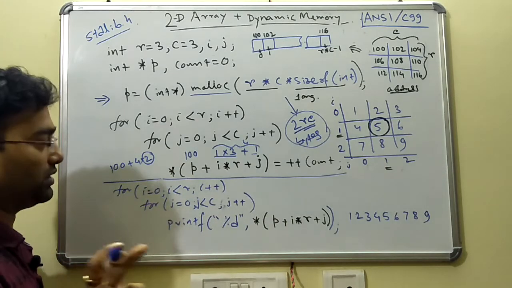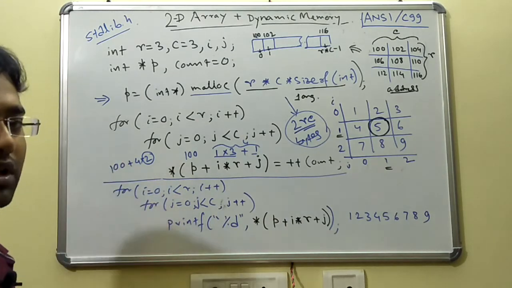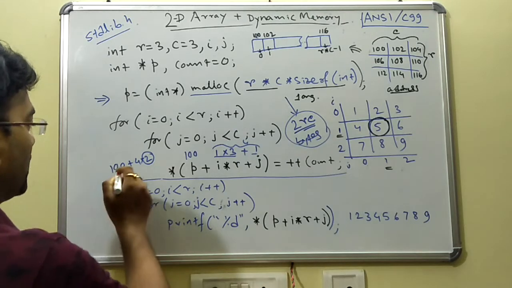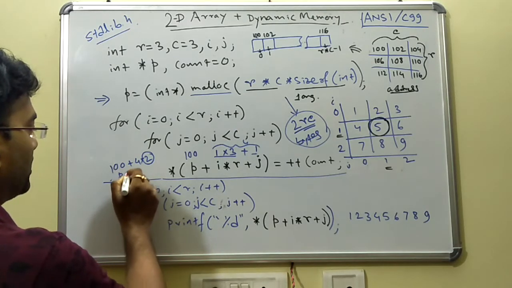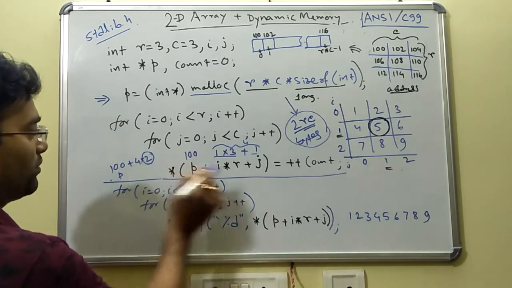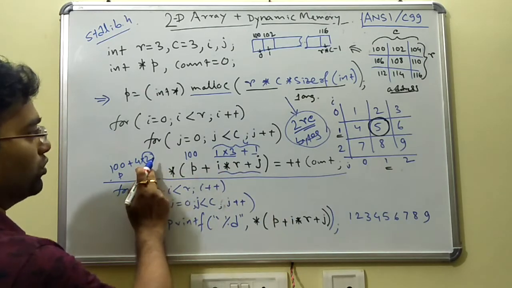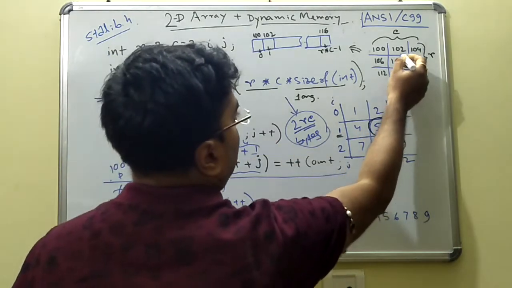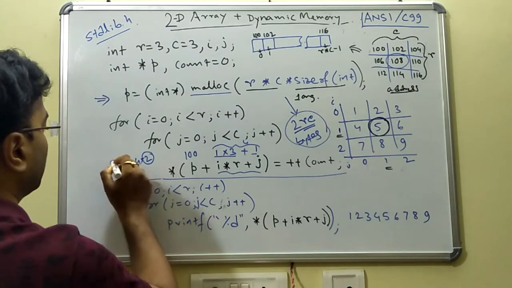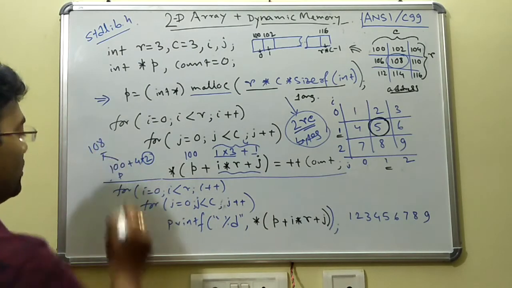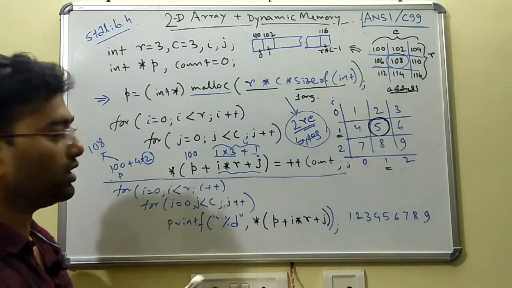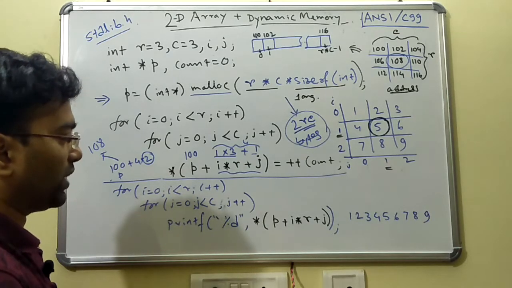Because an integer means 2 bytes, as we discussed in our previous videos. So 100, the base address of p, plus 4 into 2, where 4 comes from this expression. So this is 108, and it also gives you 108. So we are on the correct path.